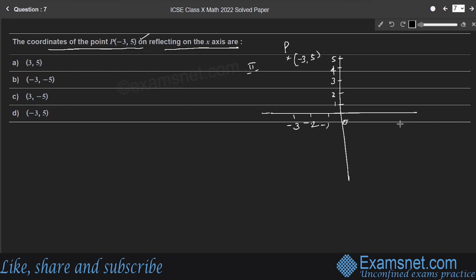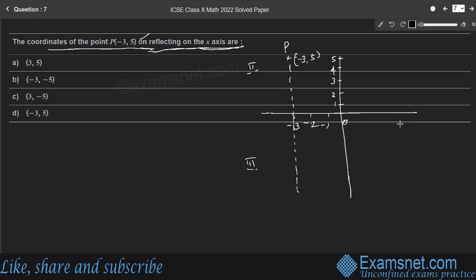Here the question is the coordinates of the point on reflecting on the x-axis. Its reflection comes in the third quadrant, because the question is on reflecting on the x-axis. Therefore, it has to come in the third quadrant, right? And its coordinates are, since it is a reflection, coordinates will be same, only their sign change.